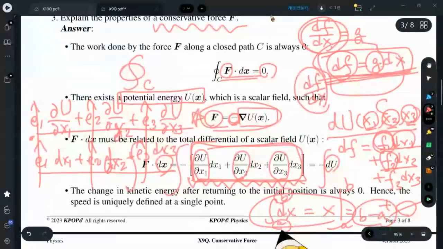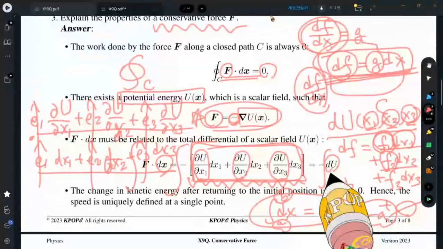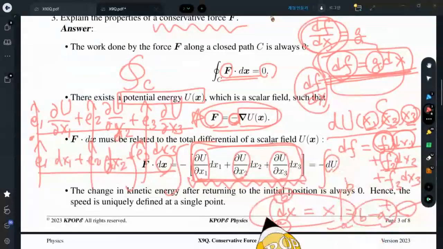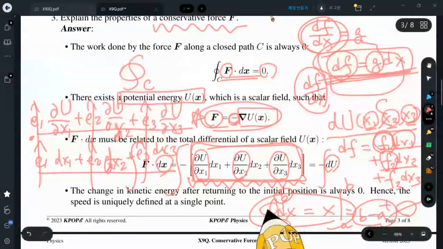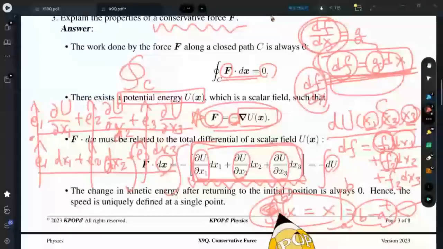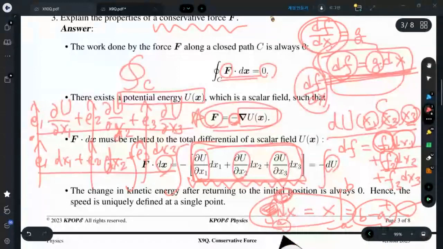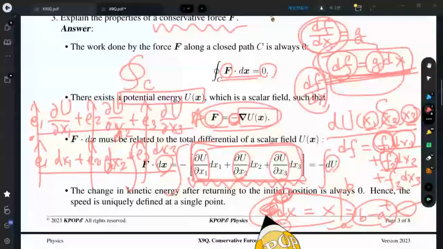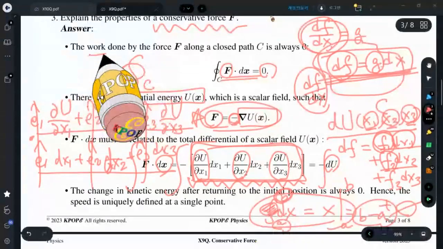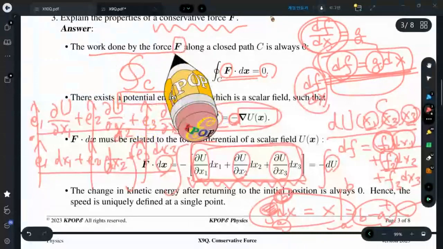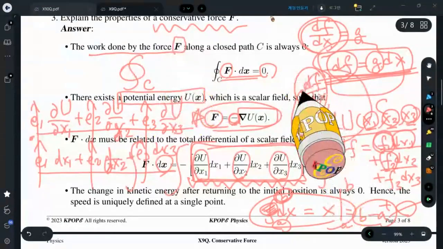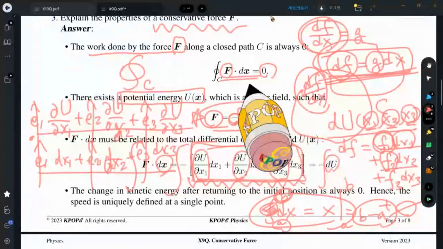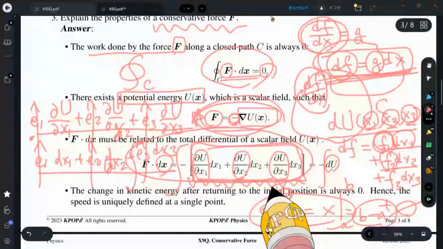You find that this kind of total differential is a definite integral that is independent of the middle point, independent of the path, and depends only on the upper and lower limits. That's the reason why the work done by a conservative force along a closed path is always zero. So all three things you have to memorize.